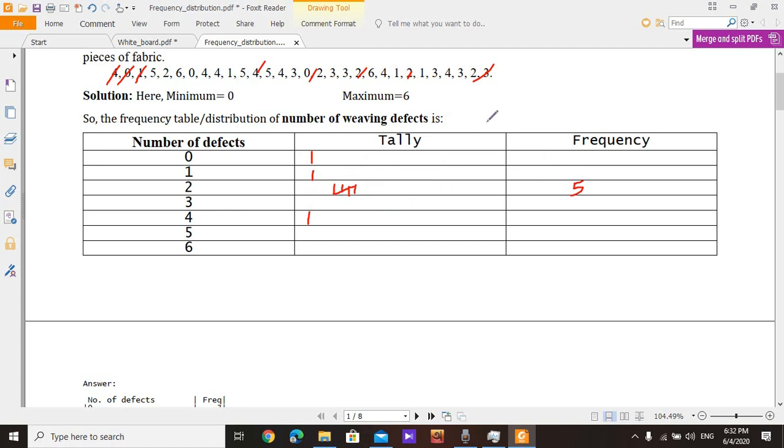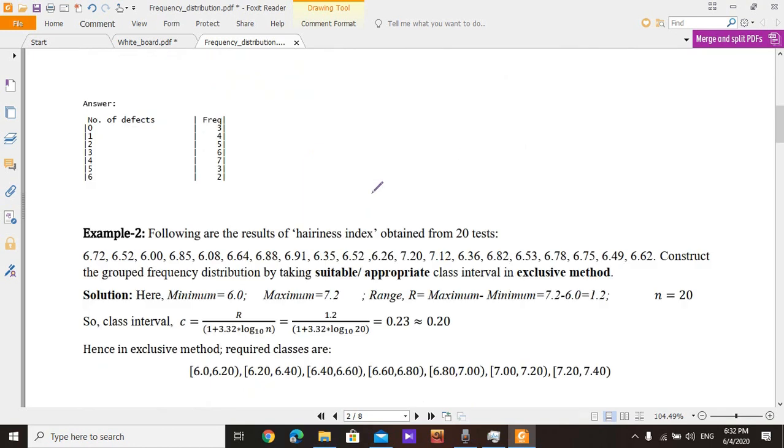So after counting 4, when we count another additional 1, we give a cross line. This means it is 5.